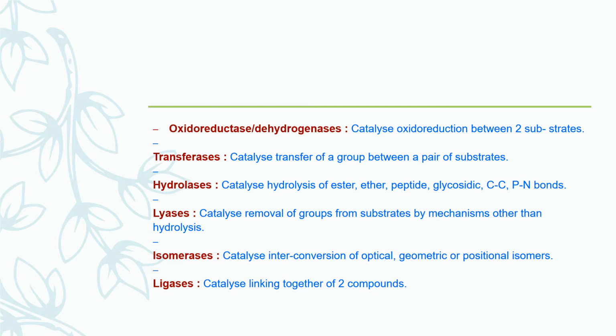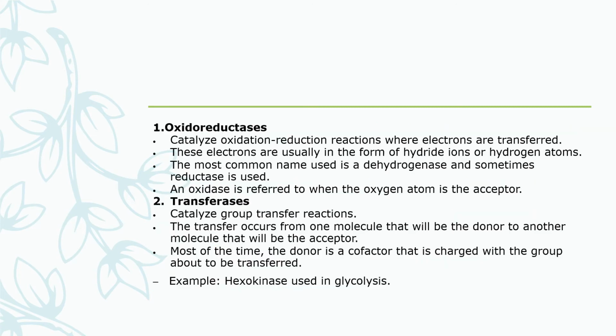Lyases catalyze removal of group from substrate. Isomerase catalyzes interconversion of optical, geometric or positional isomers, and ligases link together two compounds. So these are the categories of enzymes.